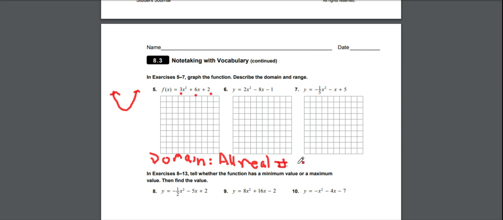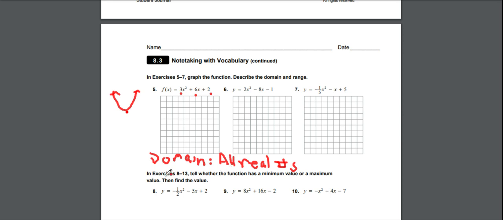And for the range, in this case, the graph has a minimum value. So the range, you're looking bottom to top. If I go back to the graph here, the vertex is at -1, 1. Specifically, you want to take a look at the -1 for y, because that's the lowest point on the graph.